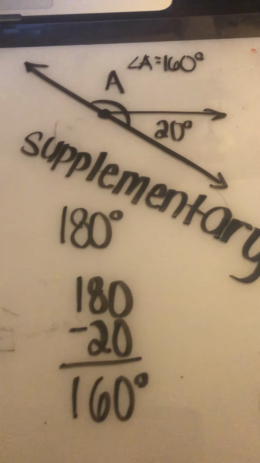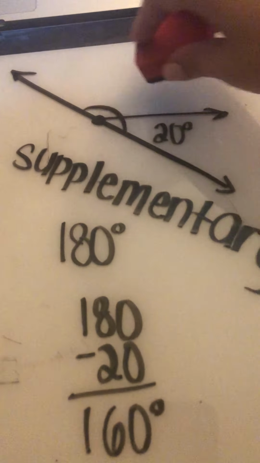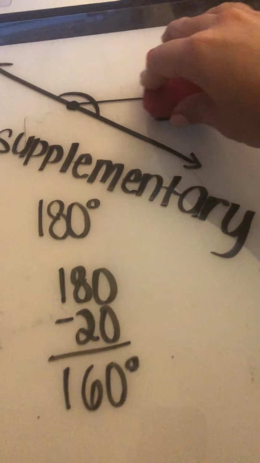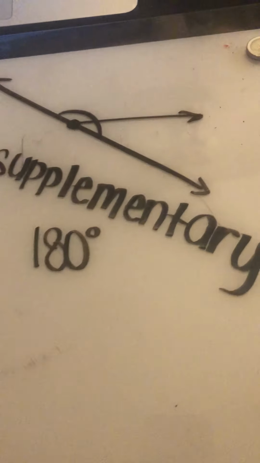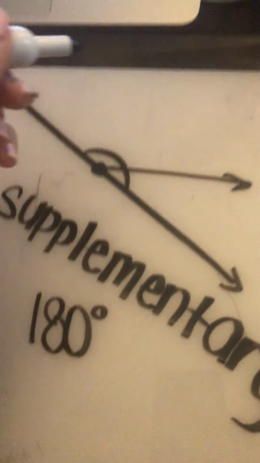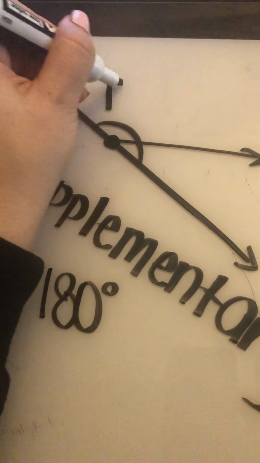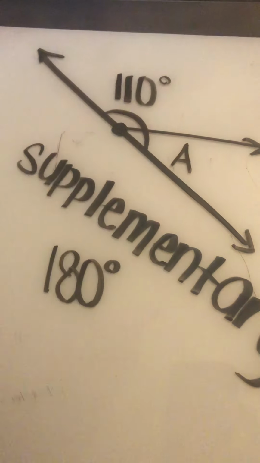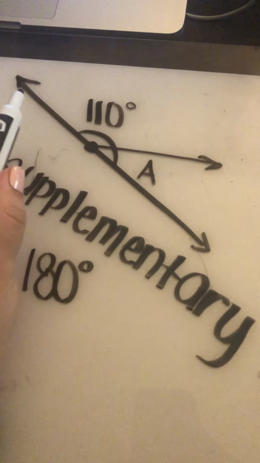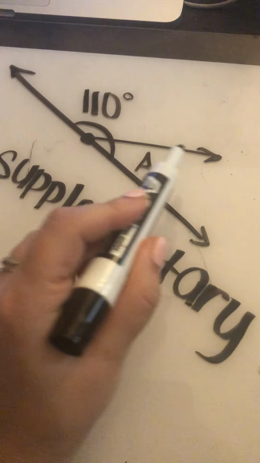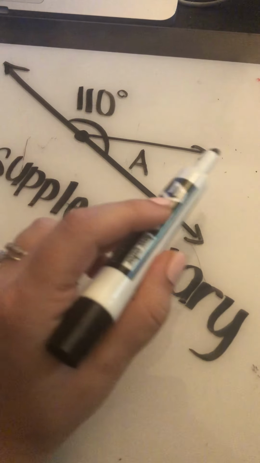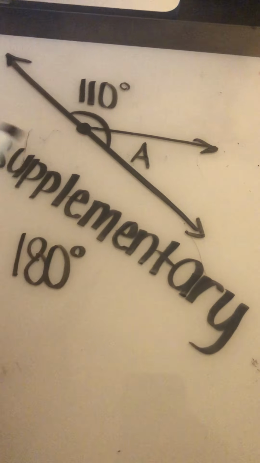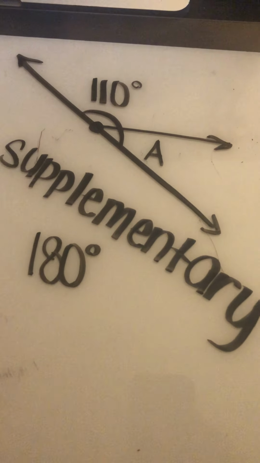All right, we'll do another one just for good measure. No pun intended. All right, so I'm going to give you this angle now. We'll make it 110. And then I'm going to ask you to find this one. So again, they're on a straight line. So these two angles must be supplementary. They're going to equal 180 when added together.